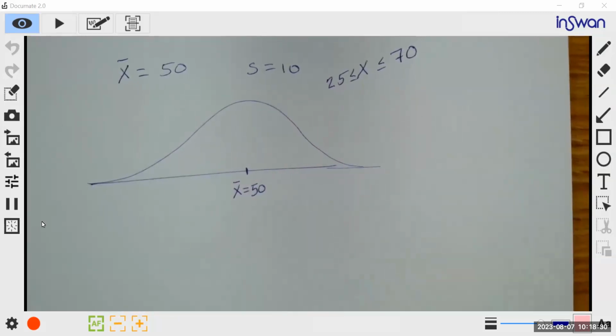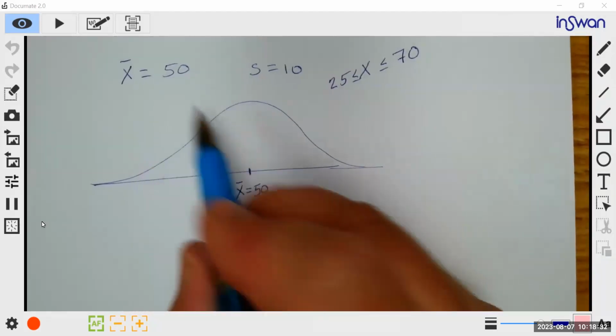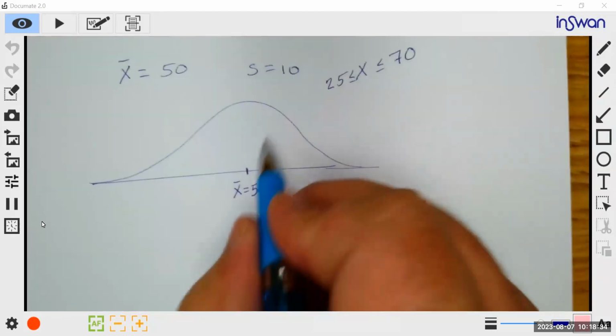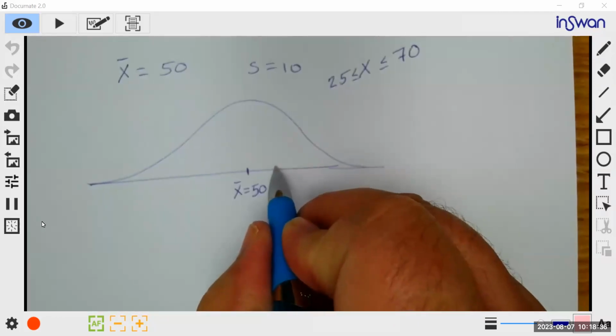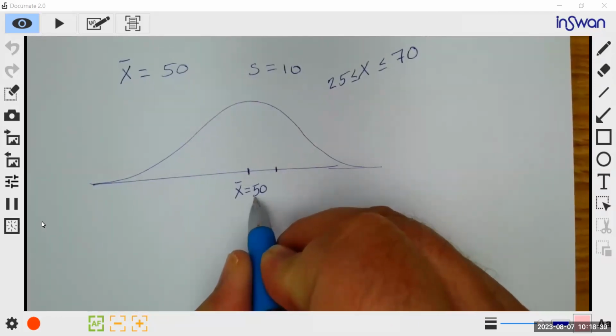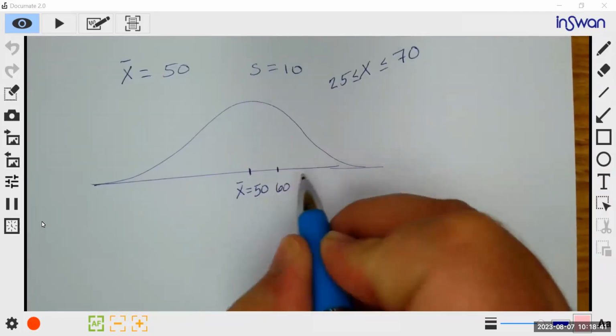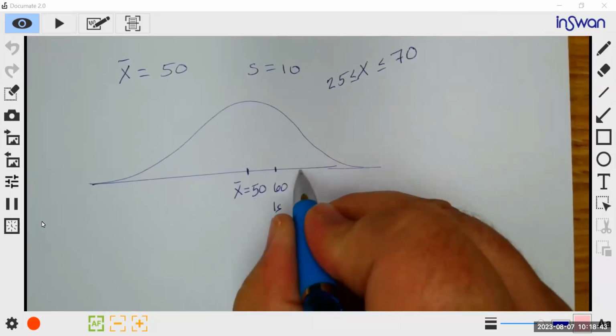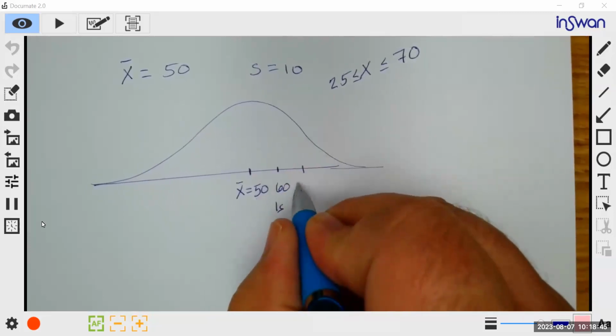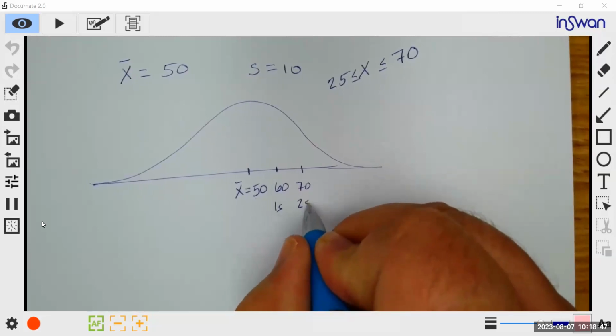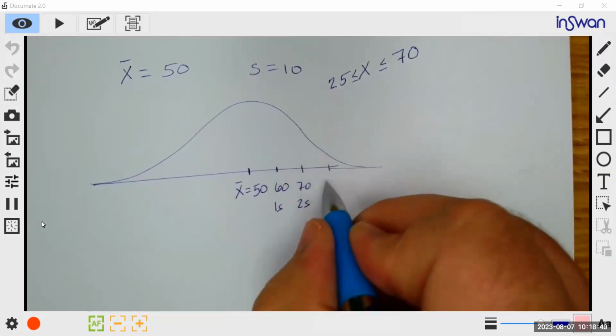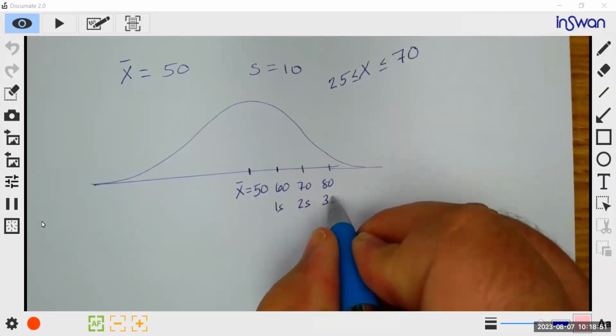Let's go ahead and draw out what we have here so we have a better look. So our mean is 50. Standard deviation is 10. So everywhere to the right, I add 10 to the mean. So 50 plus 10 is 60. That's my one standard deviation. 60 plus 10 is 70. That's 2 standard deviations. 70 plus 10 is 80. That's 3 standard deviations.